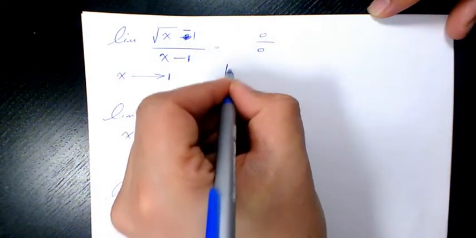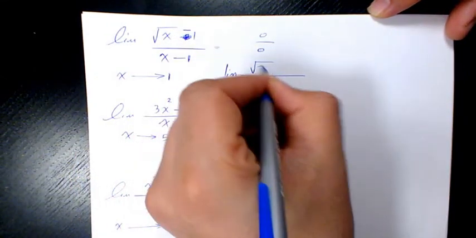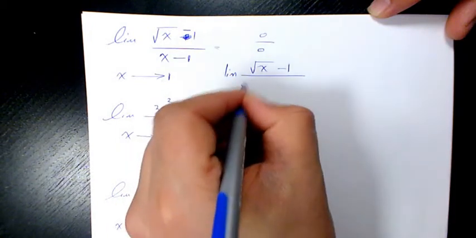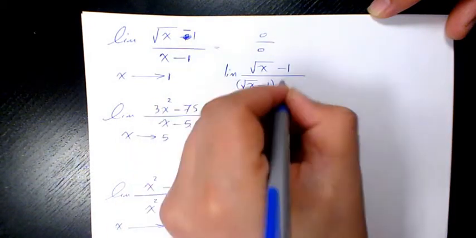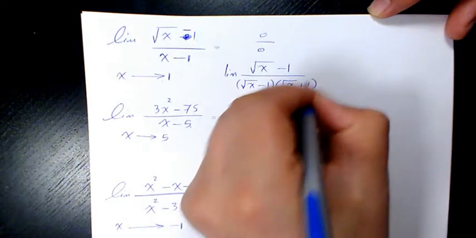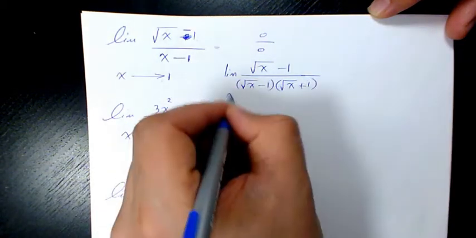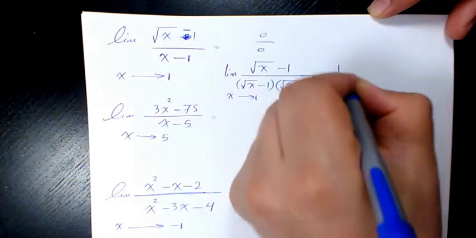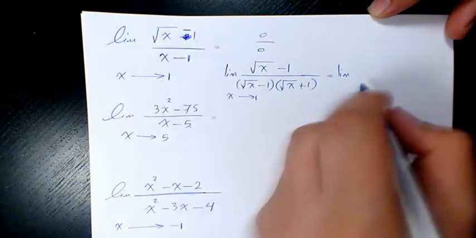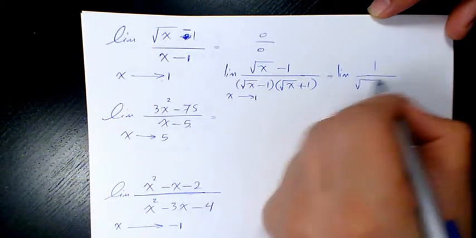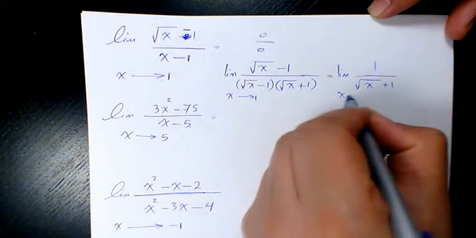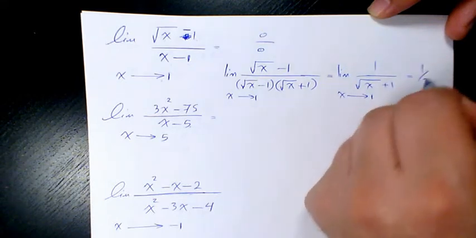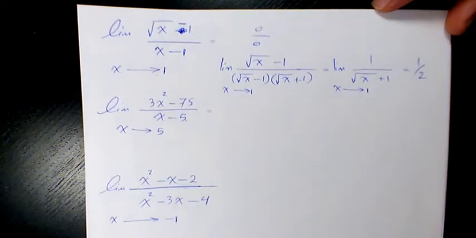It's going to be the limit of (square root of x minus 1) over (root x minus 1) times (root x plus 1). These two cancel out. When x is going to 1, it's going to end up having 1 over (square root of x plus 1) as x approaches 1. The answer is going to be 1 over 2.